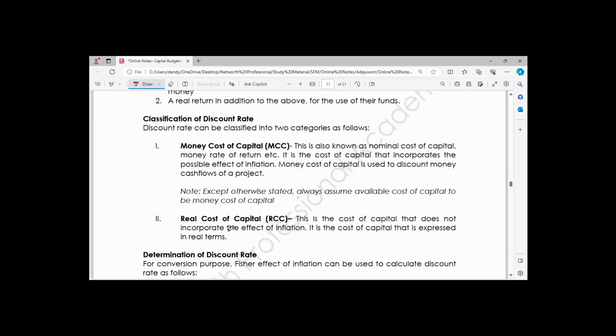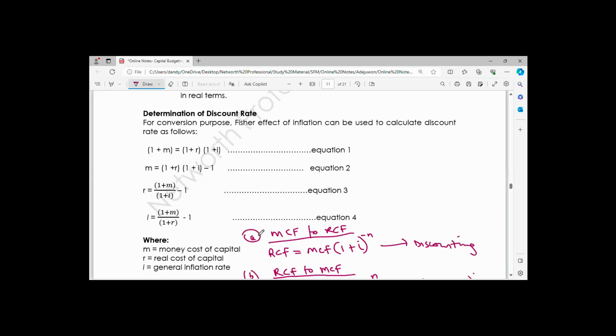All right. So how do you then determine money cost of capital or real cost of capital? For the purpose of inflation, in the calculation of discount rate or cost of capital, the Fisher effect formula, Professor Irving Fisher's formula, is used to calculate money cost of capital, real cost of capital, or general inflation rates.